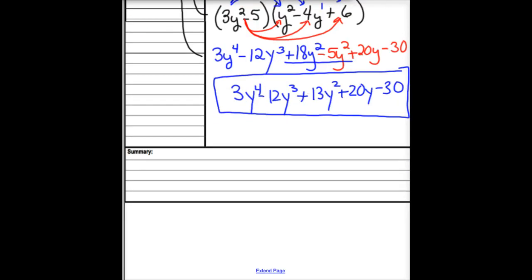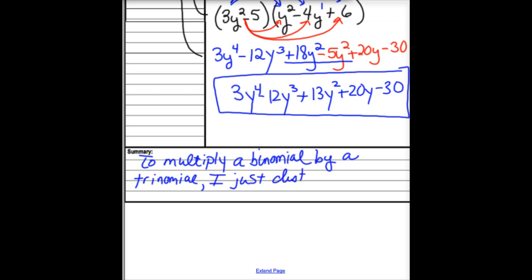So let's go down and write a little summary down here. How do I multiply? To multiply a binomial by a trinomial, I just basically distribute, which we can do, and combine like terms.